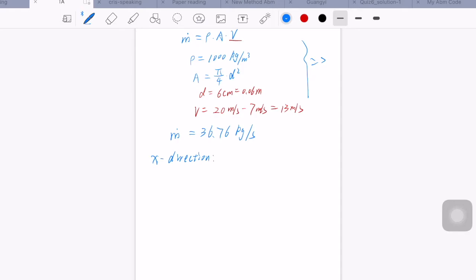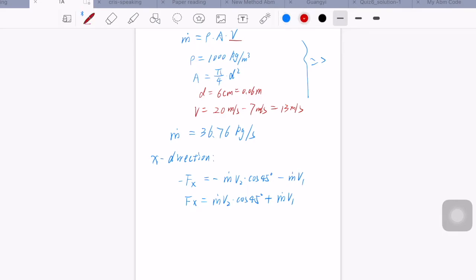And from the problem, we know that minus Fx should be equal to minus m dot times v2 times cosine 45 degrees minus m dot times v1, and we get that Fx should be equal to m dot times v2 times cosine 45 degrees plus m dot times v1.